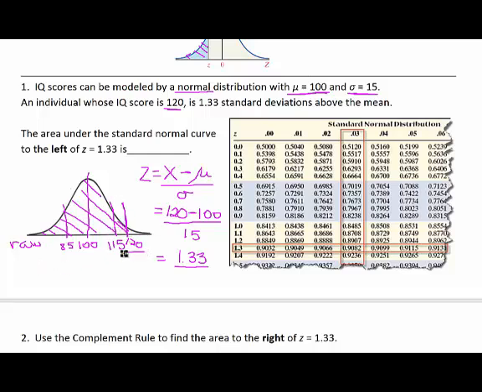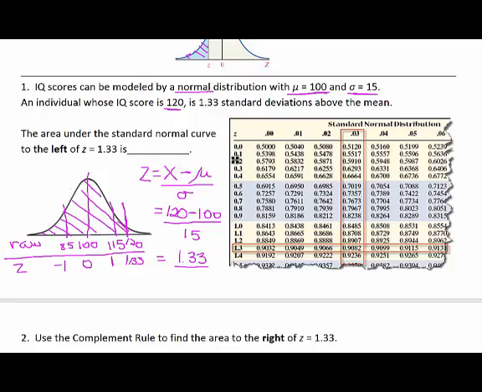Okay, so if this is our raw data, let's put our z data under here also. That's going to be 0 in the middle, 1 standard deviation is 1 in z world, and then the thing that we're testing is 1.33. And this one would be -1 over here. And so that's how they change the raw data into a z-score.